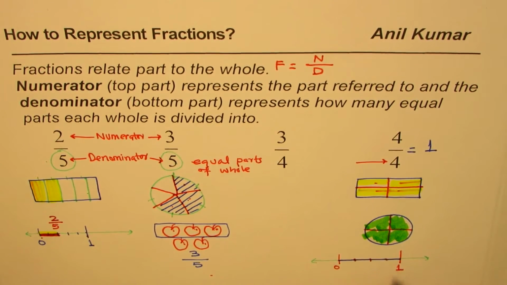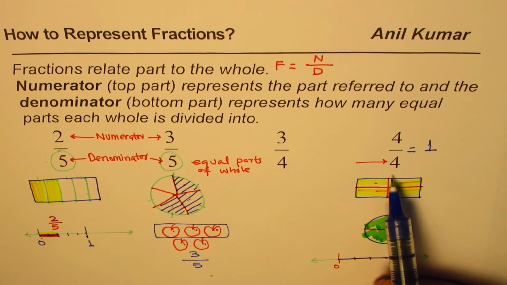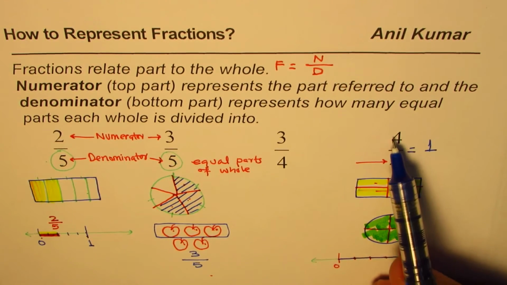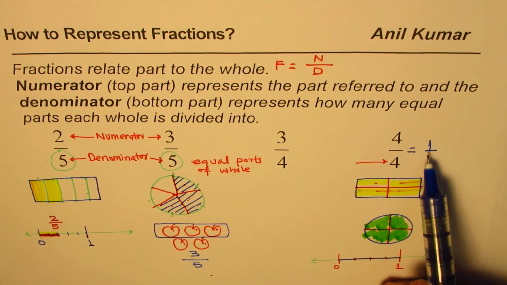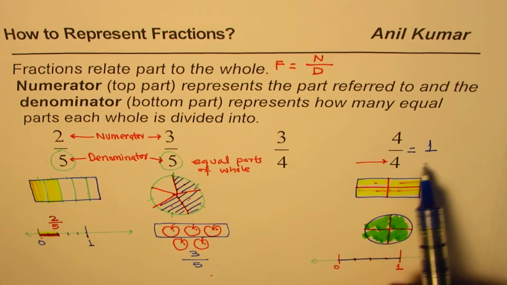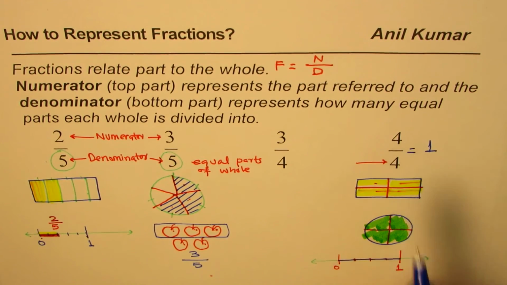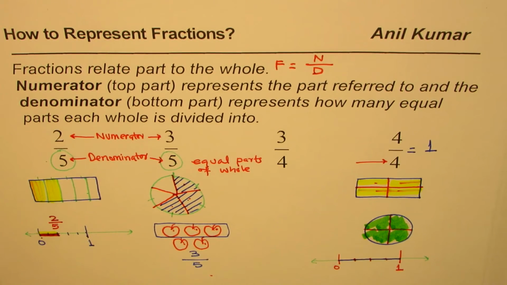We reach at 1. So 4/4 is equal to 1 whole. So in fractions, whenever numerator and denominator have the same number, then it is 1 whole. So you can say 1 whole can be written as a fraction like same numerator and denominator.